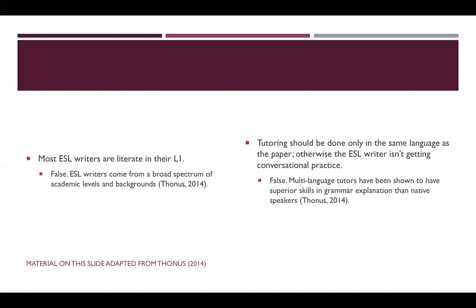But it's not the case that we need to speak in English. If we had a tutor who was fluent in Spanish and we had a Spanish-speaking student, it may be a good idea when there are moments of confusion or moments where the English is a barrier to go into that other language.